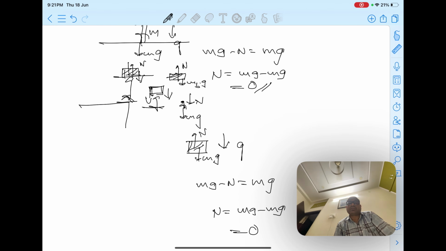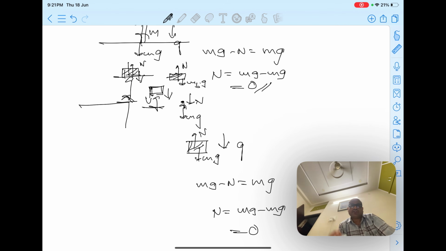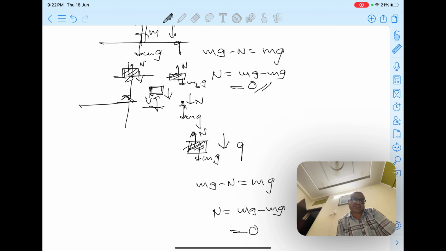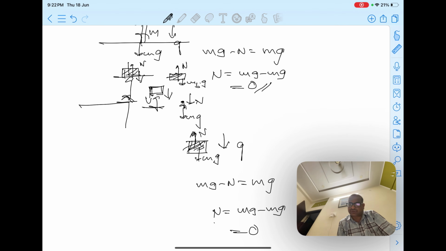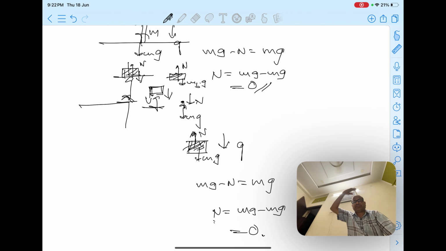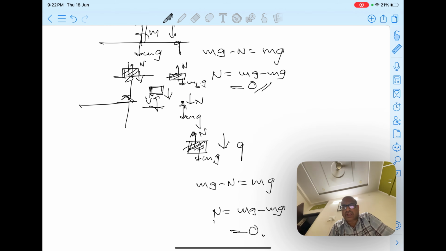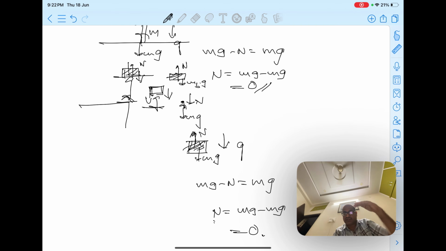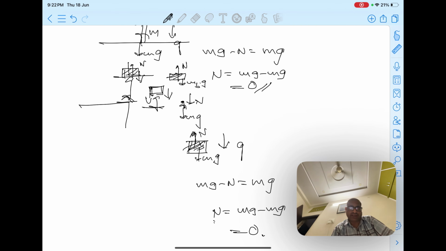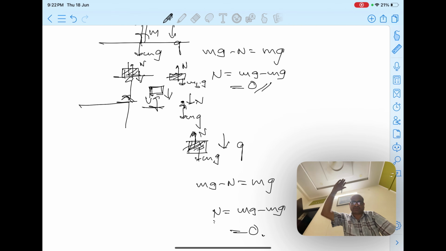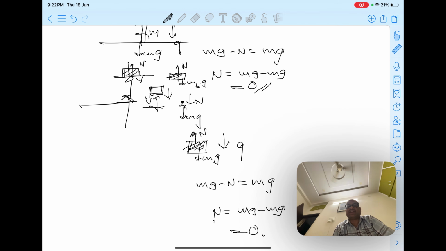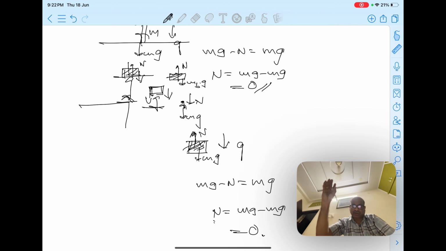That means whatever force he exerts on the box, the box also exerts the same force on him, and that is 0. Even though he is holding it on his head, when he falls freely he is not exerting any force on the box and the box is also not exerting any force on him. Why? Both of them are falling with the same g. So no normal reaction, no contact here. He won't experience any kind of force or weight because of the box.